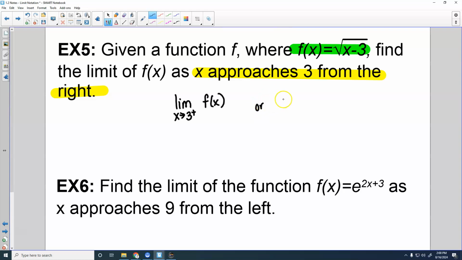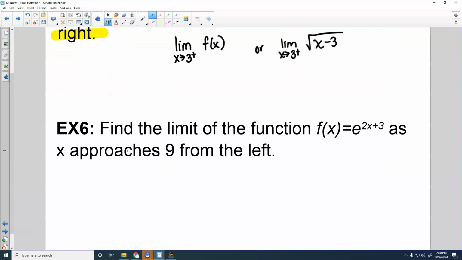Or it would also be acceptable here to do limit as x approaches 3 from the right of the square root of x minus 3. You don't want to write f of x equals square root of x minus 3, because that would make it look like that was the answer to the limit, which we'll see here in just a minute. So you can use either or there.